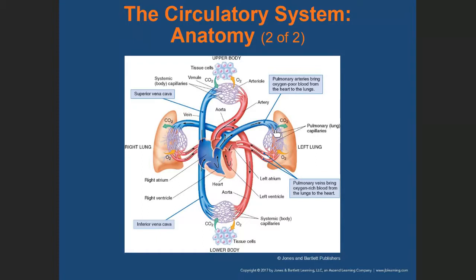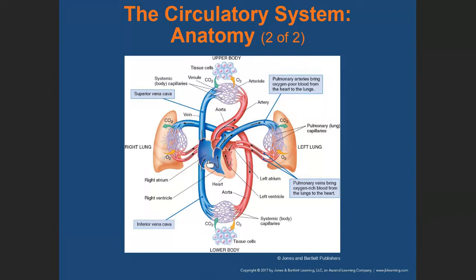In left side heart failure, you get a back pressure into the pulmonary capillaries, which forces plasma or interstitial fluid into the alveoli, right? So the patient develops pulmonary edema. If that problem is not corrected, ultimately the right side of the heart is going to fail as well, and the patient will develop congestive heart failure.